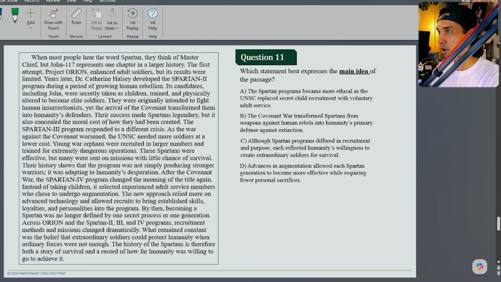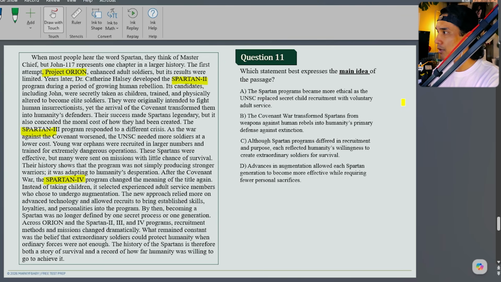From Project Orion to the Spartan 2 program, Spartan 3 program, Spartan 4 program, and the overall summary of all of them, or like the reason why they were made and how they were made and what they impacted in each generation, right? Okay, let's read each answer choice carefully.